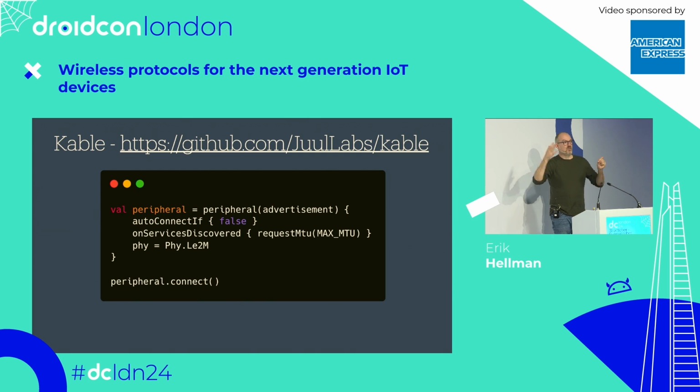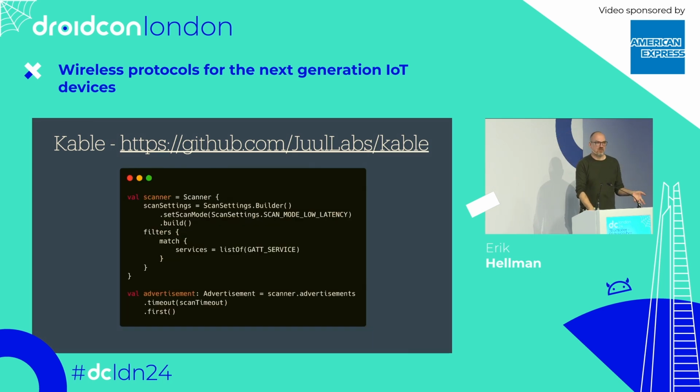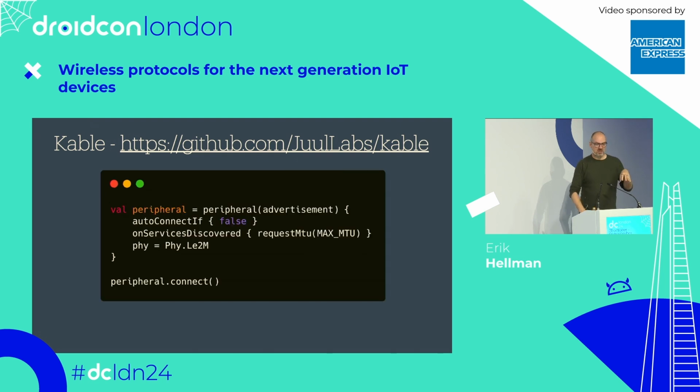If it's false, you're saying, please try to connect immediately, and it will use a higher power, shorter-term connection. So it won't do scanning in the background as much. My recommendation is to not use autoConnect true because it's going to connect slower. Instead, you do the scanning first so that you know the device is there. And once you've found it, you connect, and then you don't need autoConnect set to true.